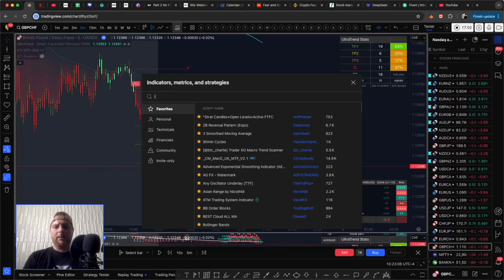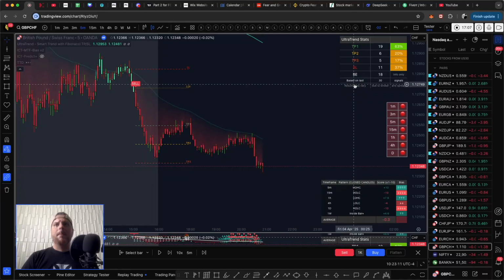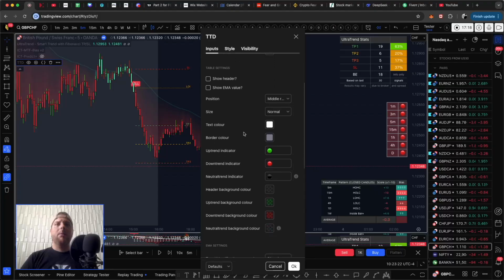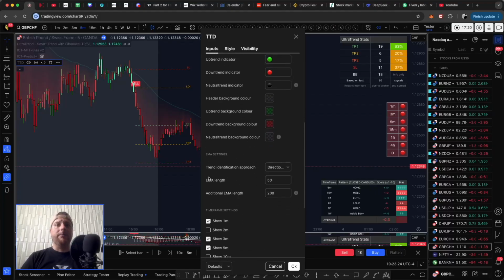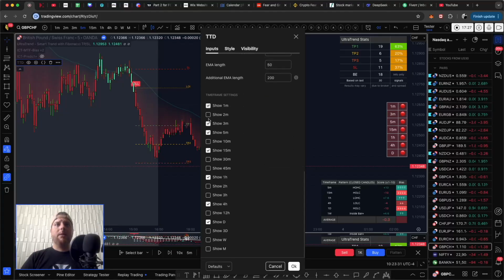This has nothing to do with, as I explained before in the YouTube video, the TTD indicator, this one right here. The TTD indicator, if you don't know it, is an indicator that works based on the 50 EMA. Here you can choose the 1 minute, 5 minute, 15 minute, 1 hour, 4 hour, daily and weekly.